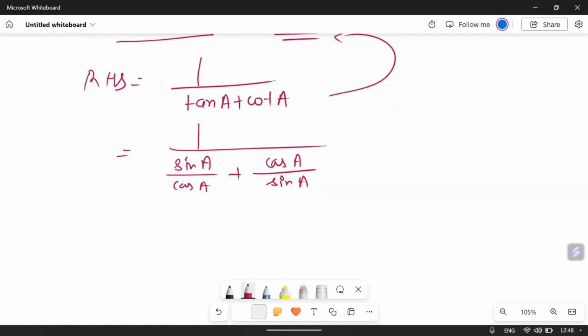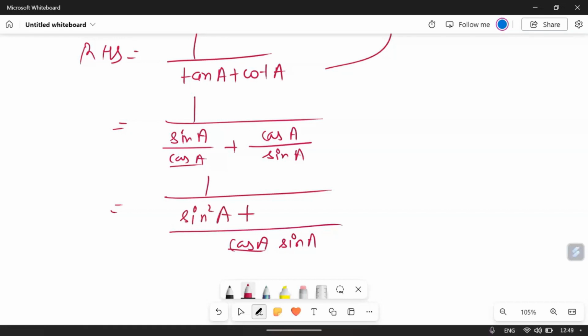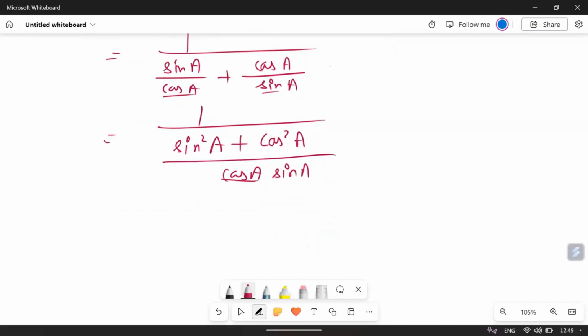Take out the LCM. The LCM will be 1 upon cos A sin A divided. So cos cancel, sin multiply sin, that will be sin square A, plus sin cancel, cos multiply cos square A. Reciprocal it.